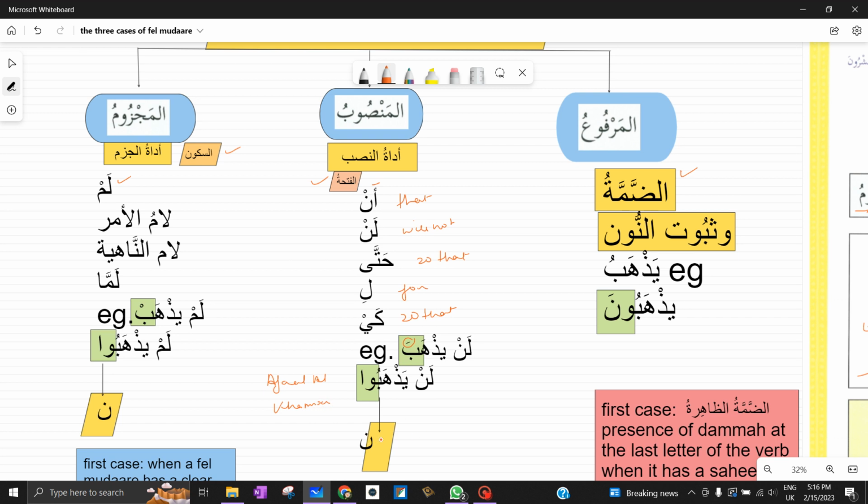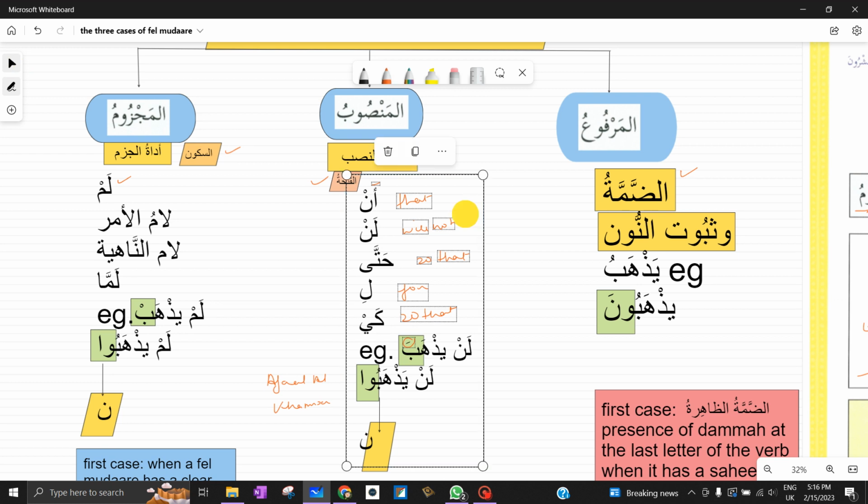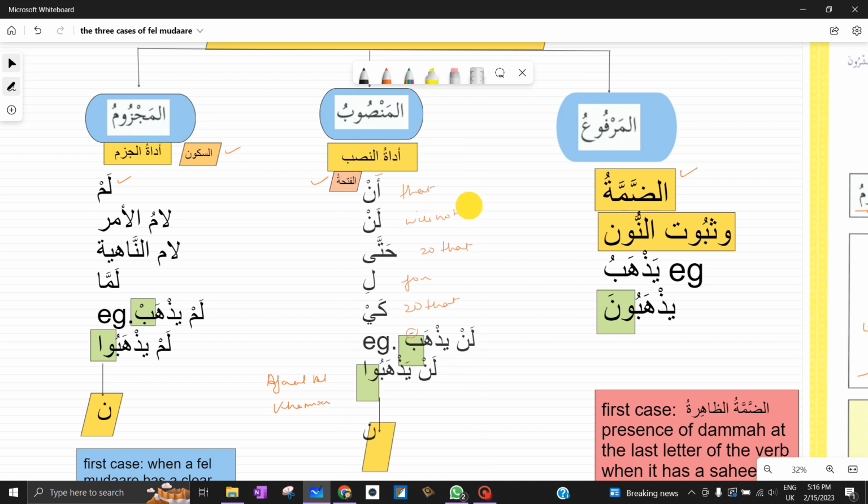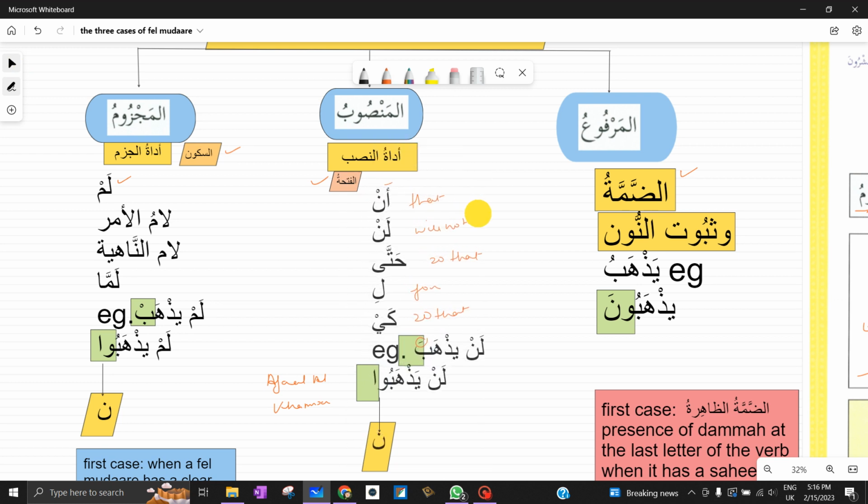Now you understood, the noon is dropped here. So this is the case of af'alul khamsa. And here what happens? Al-marfu, there is simple dhamma with thubut noon.